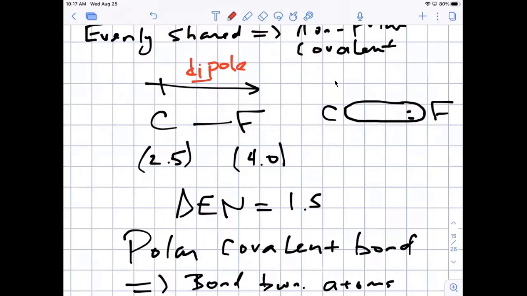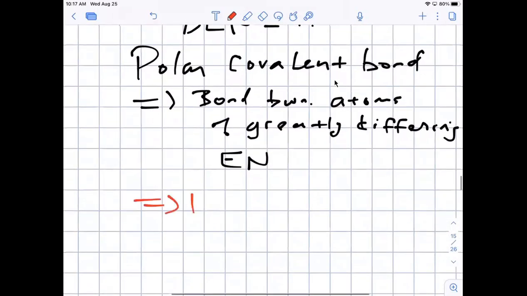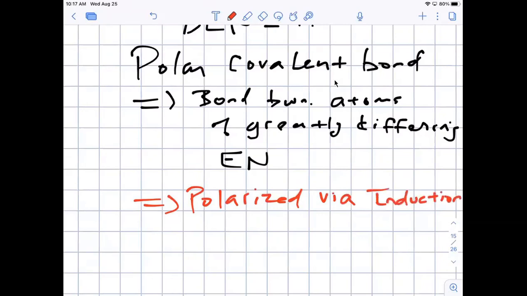Polar covalent bonds are polarized through what's called induction. Induction is the ability of an atom to polarize a bond.